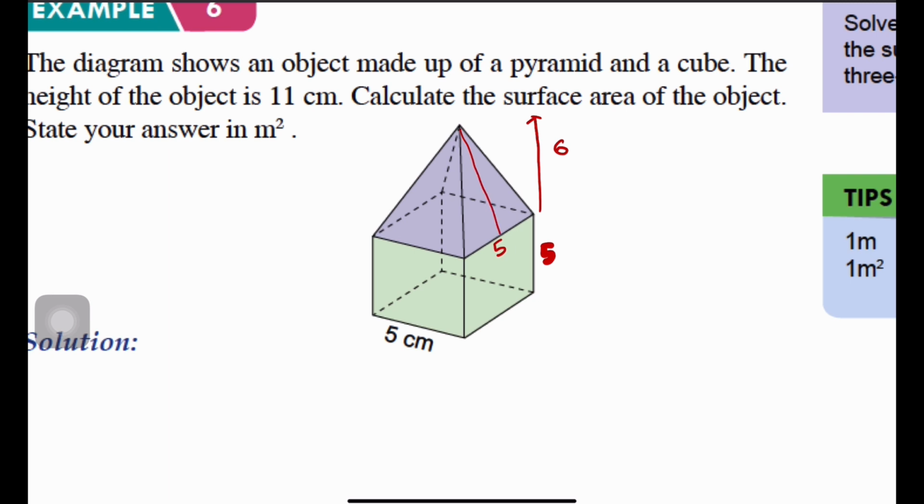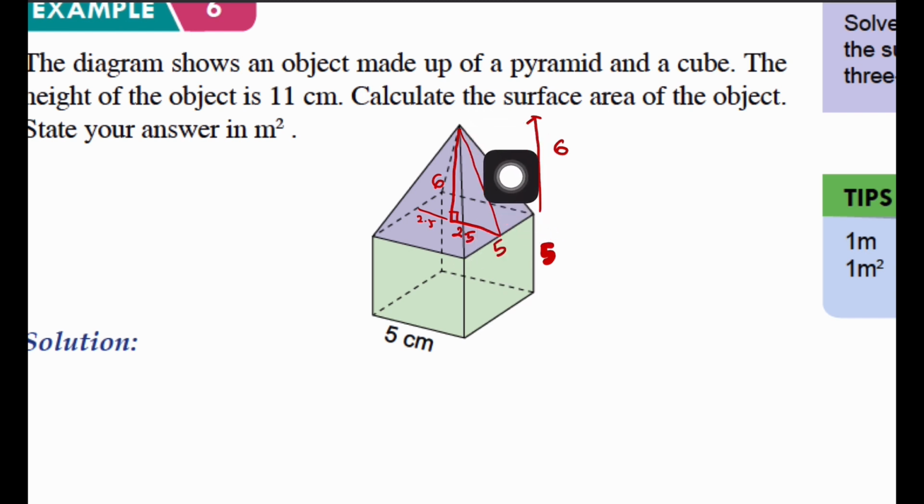Now look at what I do. I draw a right angle triangle inside of the pyramid. So I know that this is 6. This is 2.5 because the total is 5, you divide by 2, so 2.5.